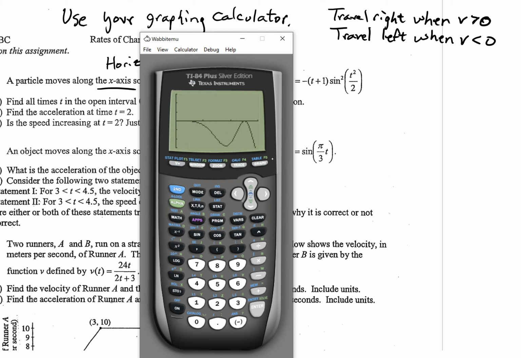When you graph this, this is what your velocity curve is going to look like. And right now, just immediately as you look at this, it would appear that velocity is always non-positive. You could hit trace and get some help and see all these negative y values, right?